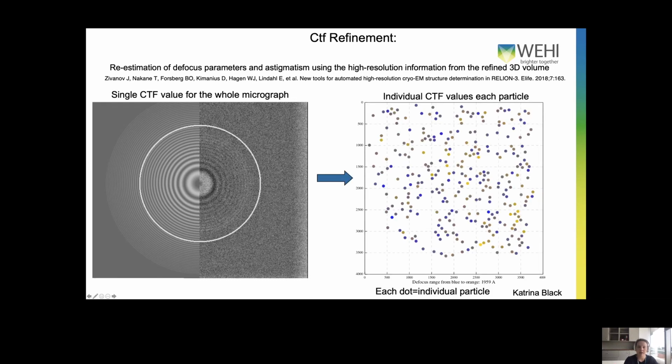However, once we have high resolution information, again, we can go back and compare individual particles that we see in those micrographs with our refined volume. And from there on, we can re-estimate the CTF parameters. And you can see here, our estimation actually changed some of them for up to 2 microns, which is actually quite significant. So here, each dot represents a single particle, and the color represents how much its CTF parameter changed compared to the original estimation.